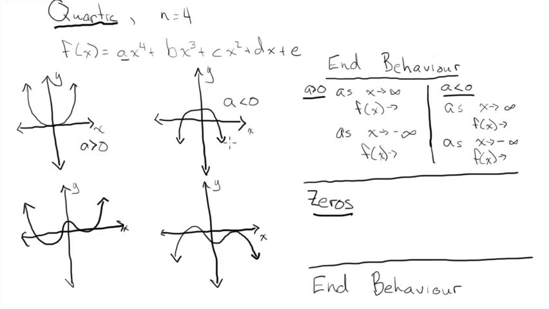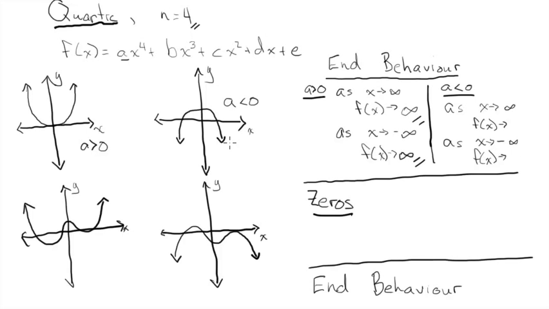Okay, end behavior. Notice the end behavior is very similar to a quadratic, to a degree 2. So notice the even. This is an even number. Quadratic was even. They seem to have similar end behaviors. As x approaches infinity, as you get bigger x values, the function's going up, so it's going to infinity. As x goes to negative infinity, the function's going up, so we're going to infinity. So that was the same as quadratic. They have the same end behavior on both sides.